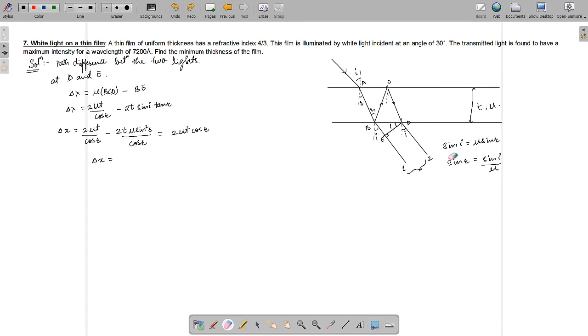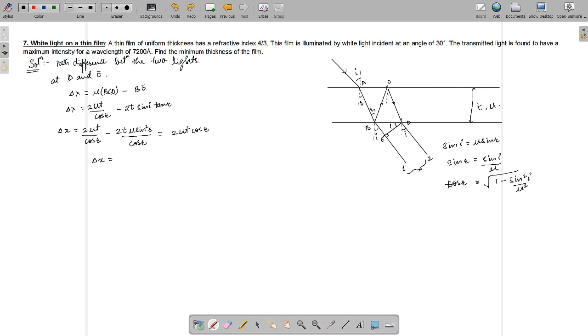for any general angle of incidence I, cos r can be written as under root of 1 minus sin square I by mu square.